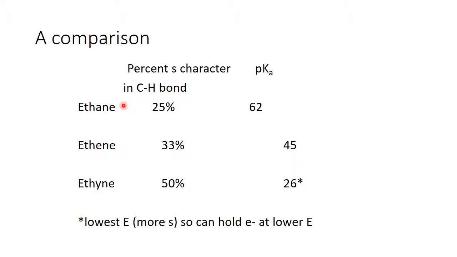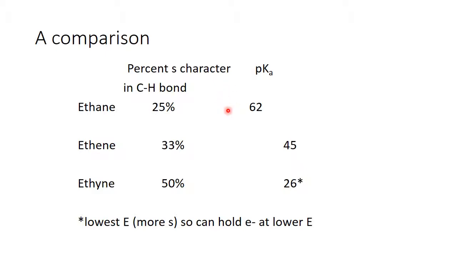As I go from ethane, which is 3/4 p, to ethyne, which is only 50% p, what you find is you have less p character in these orbitals, less percent amount of p in each of these orbitals. An s orbital has lower energy than a p orbital, so as you go from sp3 down to sp, you are actually lowering the energy of that orbital that is entering into the carbon-hydrogen bond.